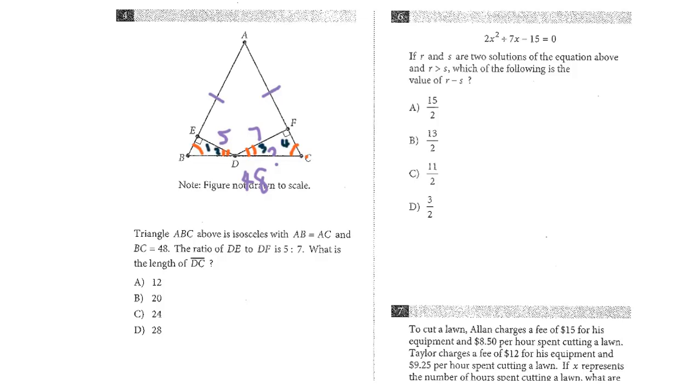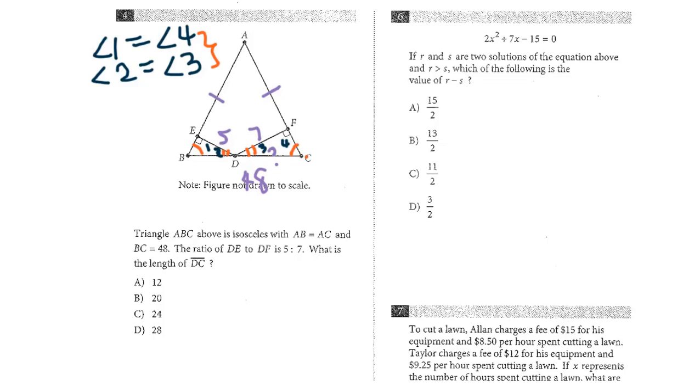Let's label them 1, 2, 3, 4. We know that angle 1 equals angle 4, and angle 2 equals angle 3. Which means these two right triangles are similar to each other.